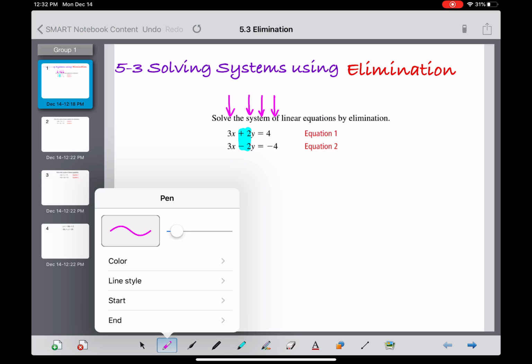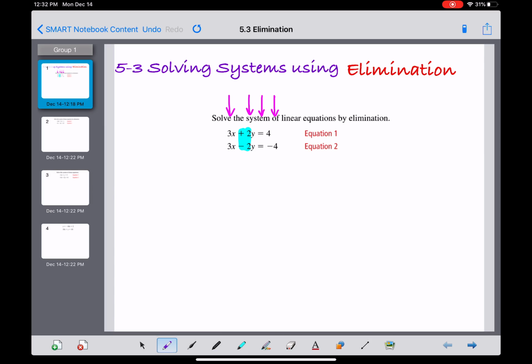So we're going to add together column by column each set of terms. So I'm going to add together the 3x's to get 6x. When I add together 2y and -2y, it is 0. So they are essentially eliminated.